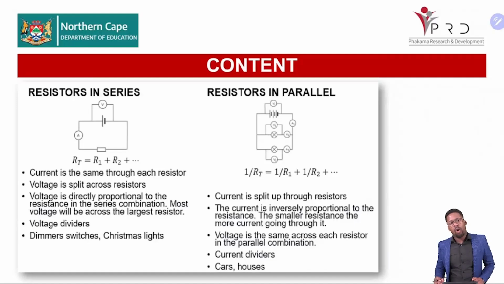And the easier way of seeing whether this is a series circuit or a parallel circuit is when we look at the resistors. Resistors in series are connected along the conductor. That is a series circuit. Resistors in parallel are connected parallel to each other.